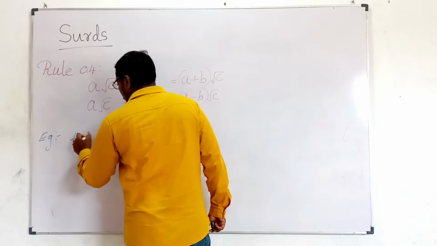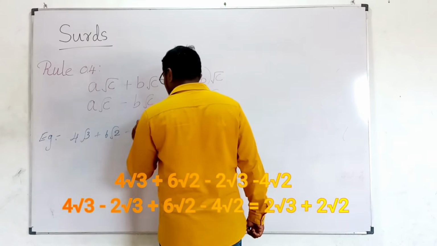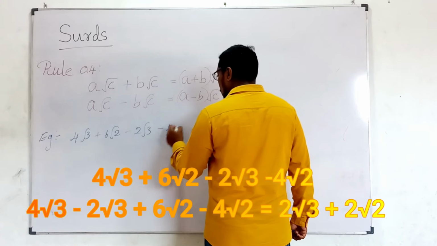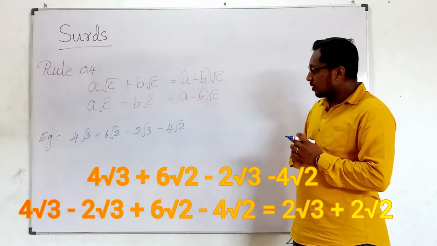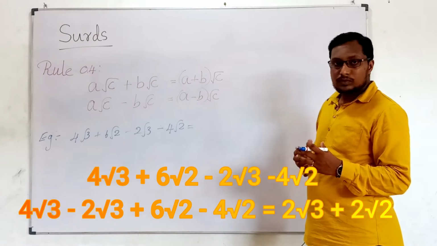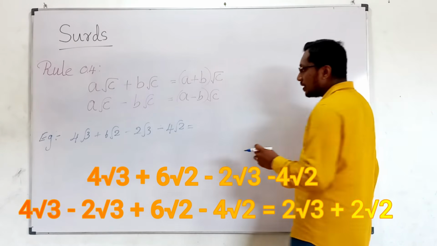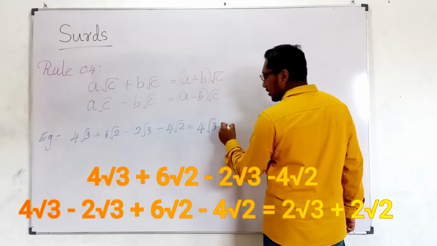We'll take a little different one. 4 root 3 plus 6 root 2 minus 2 root 3 minus 4 root 2. So here you can observe root 3 terms and root 2 terms. First, as in algebraic expressions, we collect the like terms.